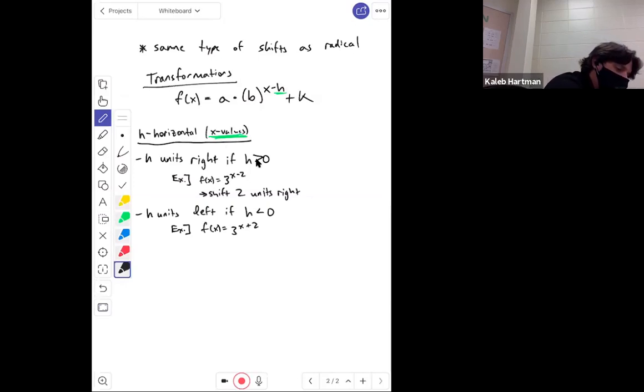So we shift left 2 units in that example. That would be the shift. You guys see the difference in what h does there and how it's going to shift our functions, right?